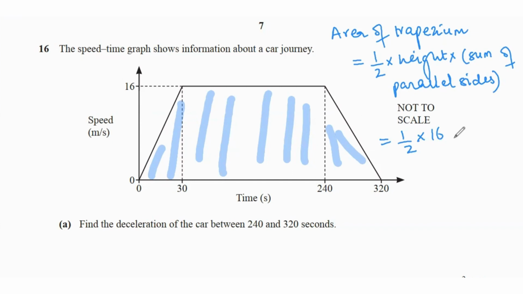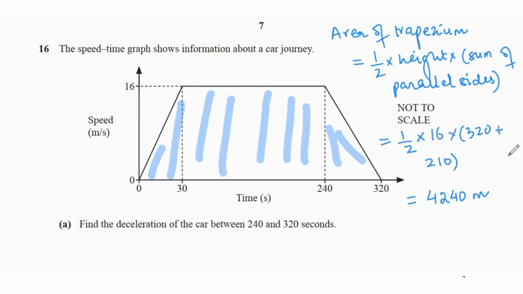And parallel sides are 320, which is this distance, plus the difference of 30 into 40, that's 210. When you solve this, what you should be getting is 4,240 meters. That is the distance traveled by the car in the 320 seconds.